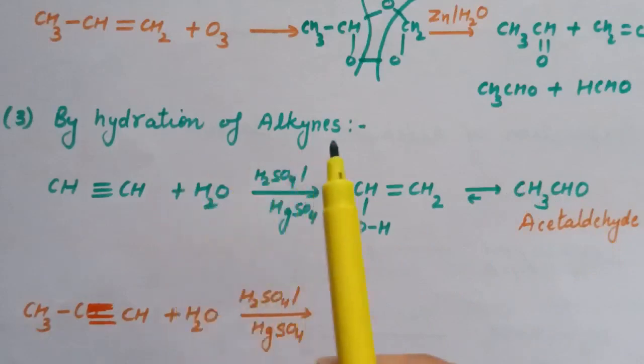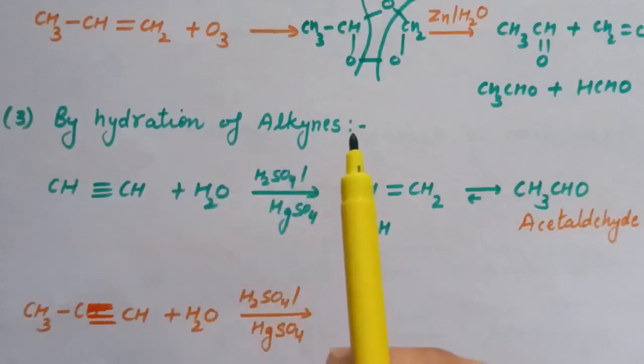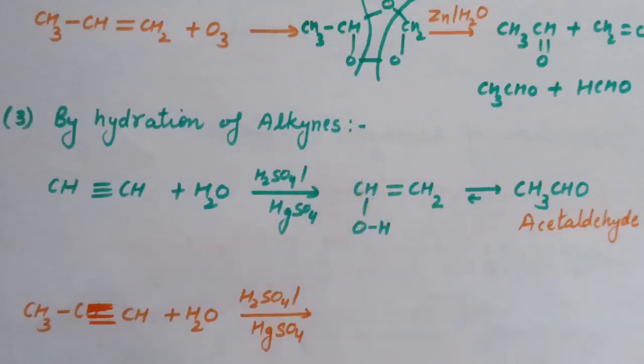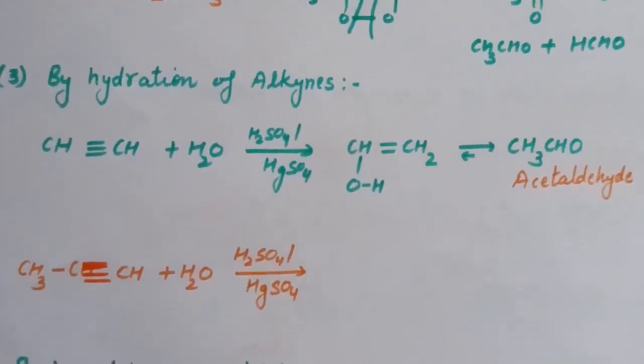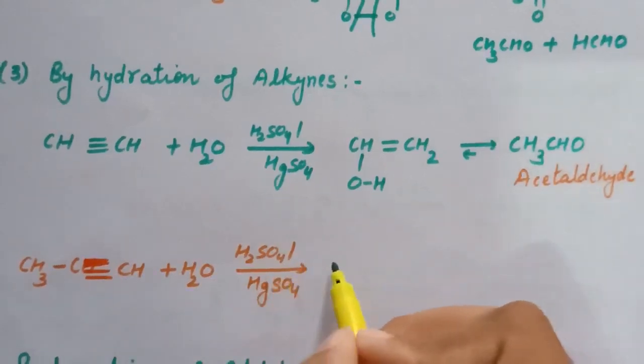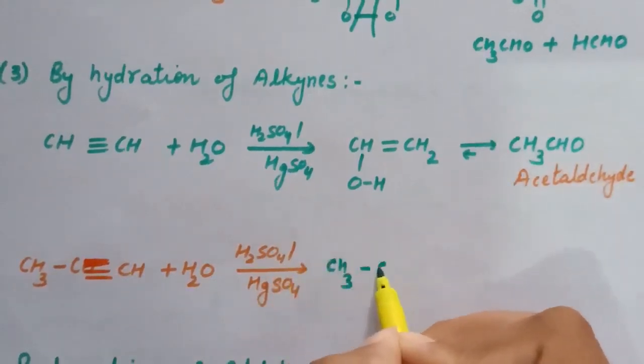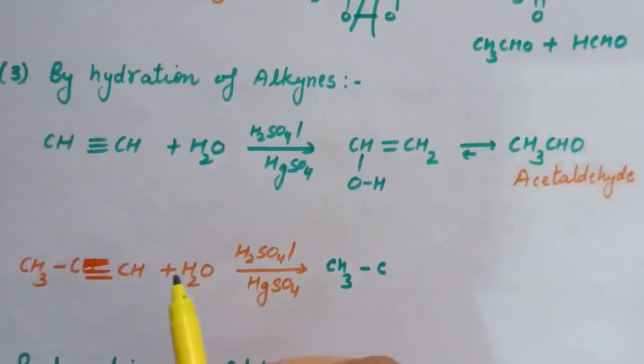So by hydration of alkynes, we can form ketones and aldehydes. Now here one question is written: addition of water on propyne in presence of H2SO4 and HgSO4. In this case, water will add according to Markovnikov's addition.